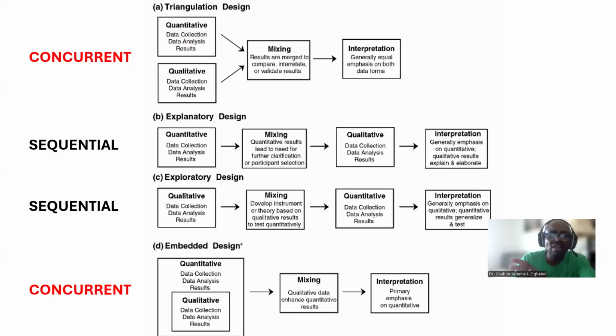Whatever quantitative result you get, you also go to collect qualitative, and the two of them sort of enhance the richness of the data that you are collecting as you go. So that is the concurrent embedded mixed method design.